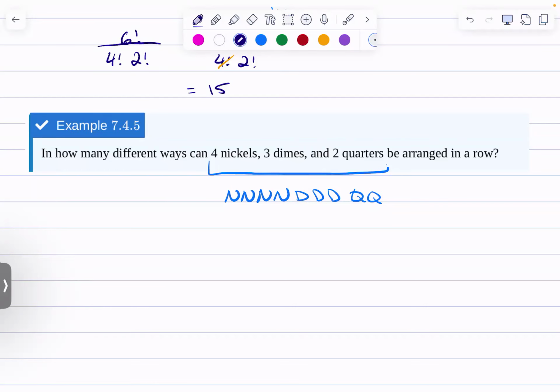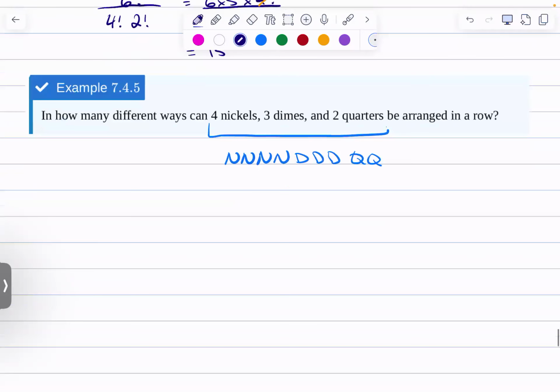I have 4 plus 3 plus 2 total, which puts me at 9, right? So I have 9 factorial divided by 4 factorial, 3 factorial, 2 factorial.